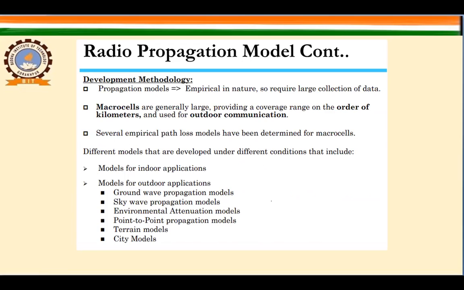The development of the methodology is divided into certain things. One is how we model this radio wave propagation. If the propagation model is really implemented, it implies that it is empirical in nature, so it requires a large collection of data.